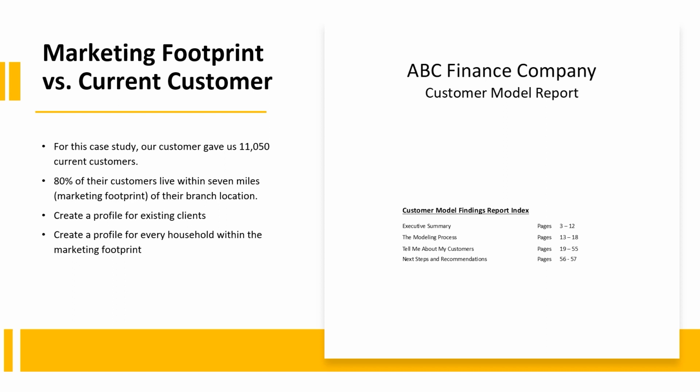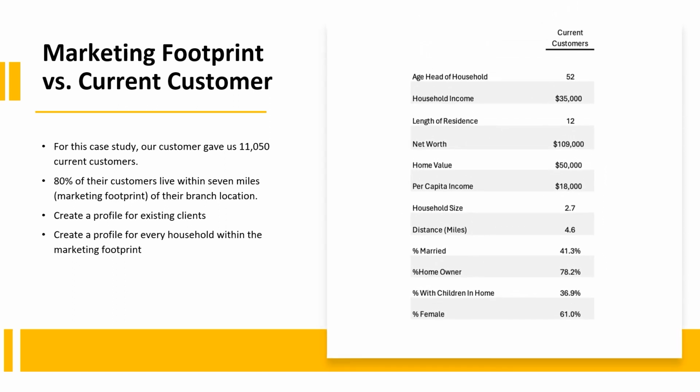We created a detailed comparison between their current customer and the average household inside their marketing footprint. As you can see from the snapshot of the report, their average customer's net worth is $109,000. Their home value is $50,000, and their per capita income is $18,000.